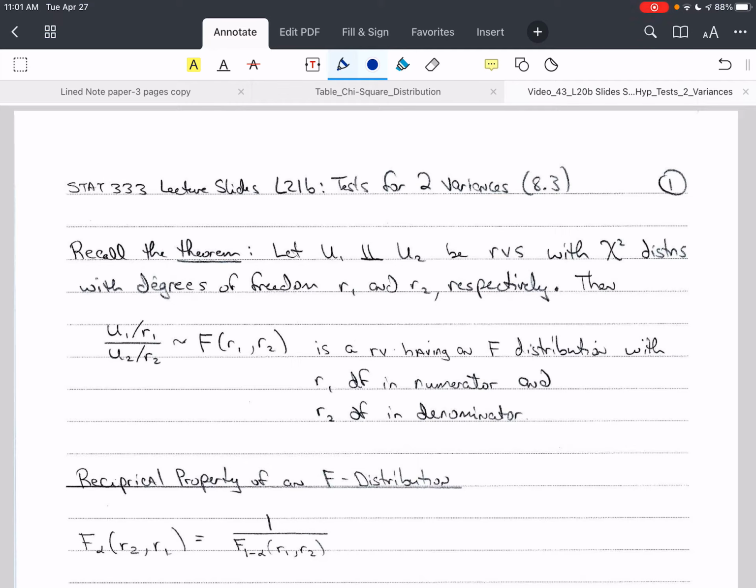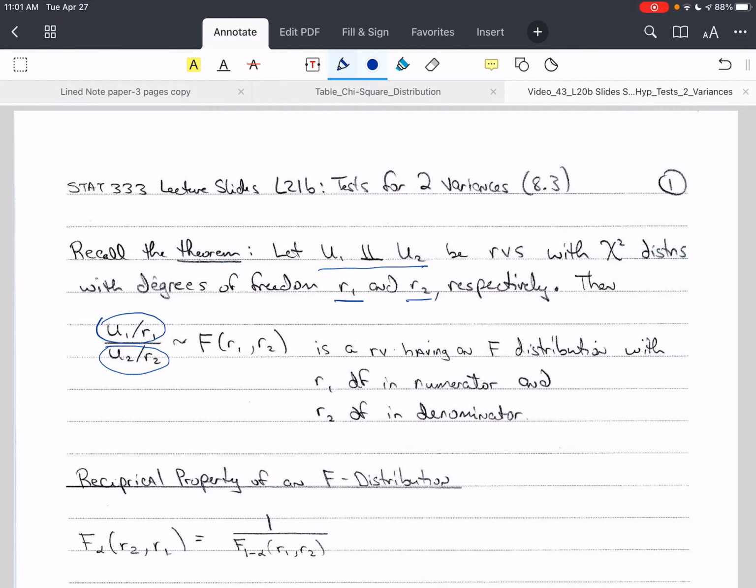If U1 and U2 are independent chi-squared random variables with degrees of freedom R1 and R2 respectively, so R1 goes with U1 and R2 goes with U2, then the ratio, we take the first random variable, divide by its degrees of freedom, and then divide by the second random variable divided by its degrees of freedom.